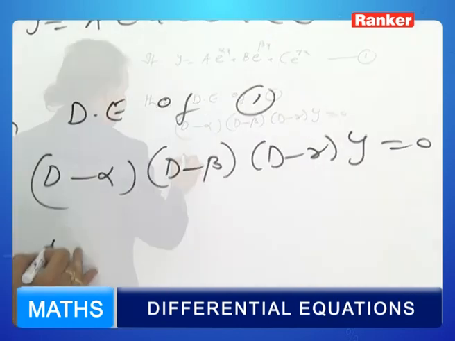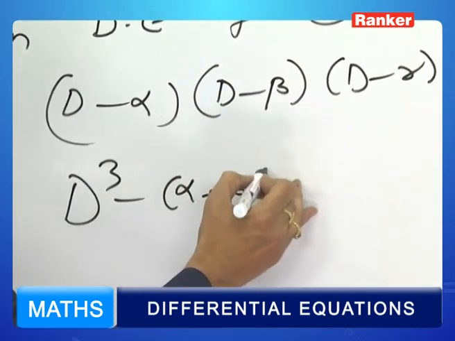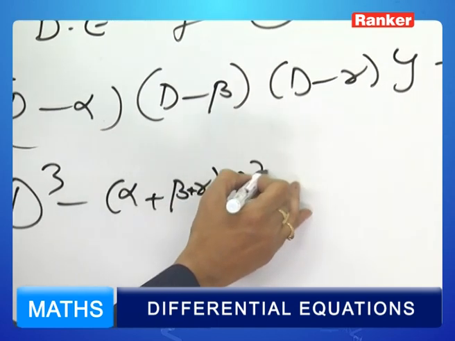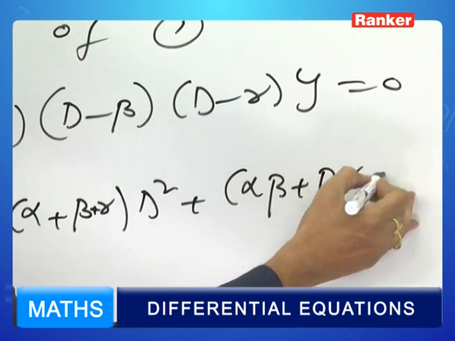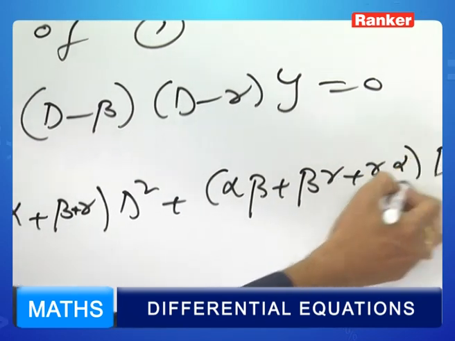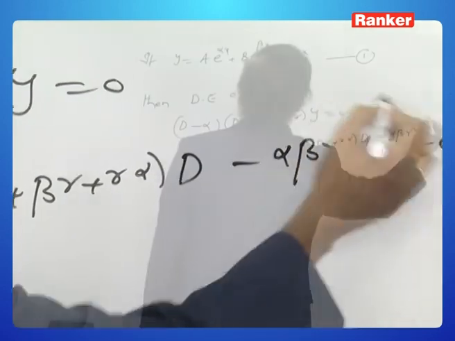That is D cube minus (alpha plus beta plus gamma) D square plus (alpha beta plus beta gamma plus gamma alpha) D minus alpha beta gamma, of y is equal to 0.